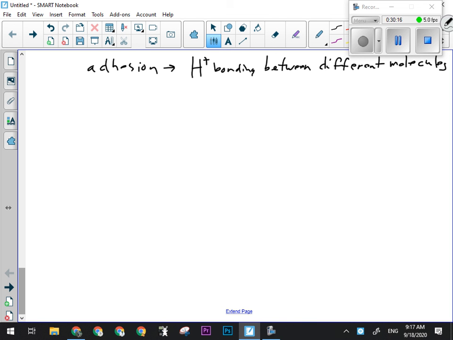Let's say you have a water sample, and you need to be able to drink it, but it contains a heavy metal. It contains lead. But I need to be able to drink that water. I can't drink it if it's got lead in it. How can I get the lead out?